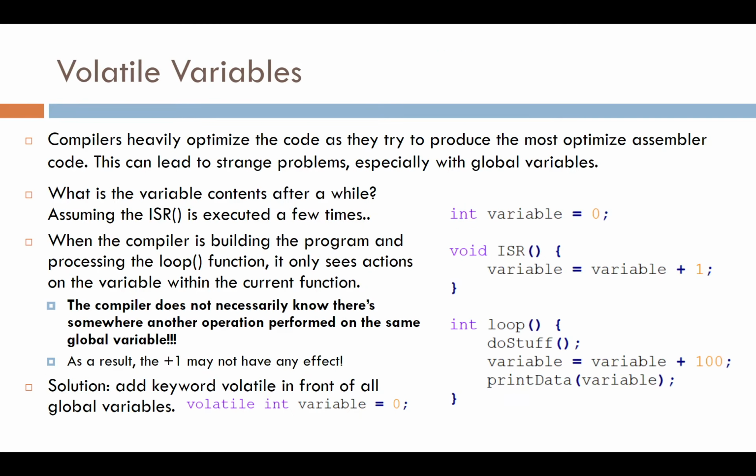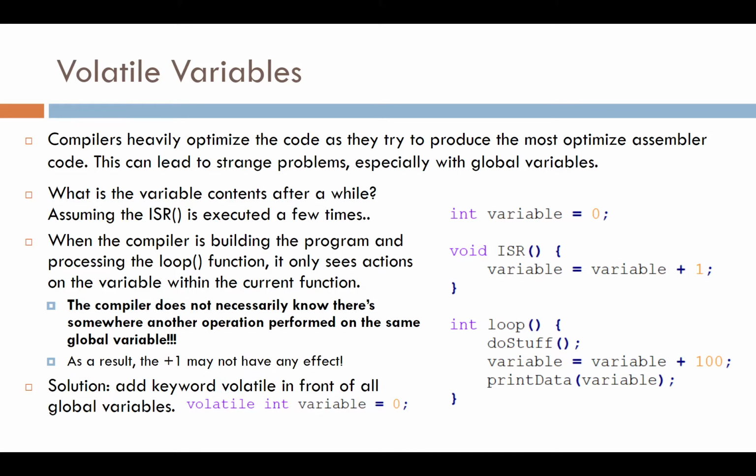And then I already told you about these volatile variables at the beginning because that was a very good question there. Basically, compilers heavily optimize the code.